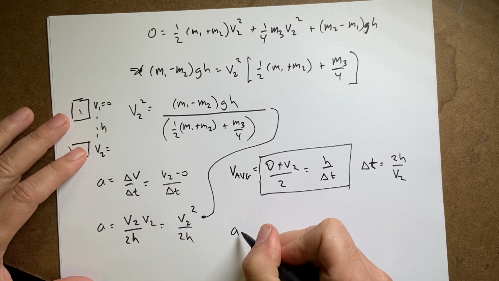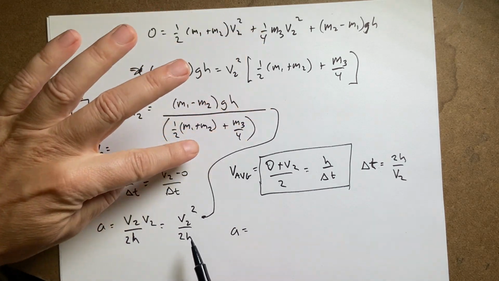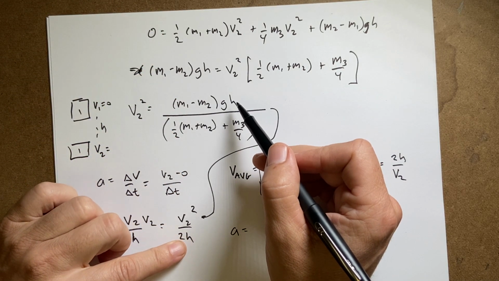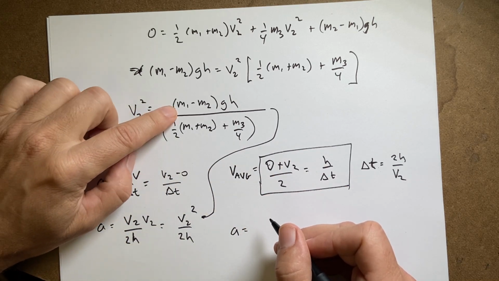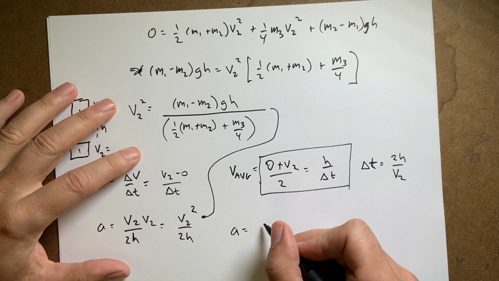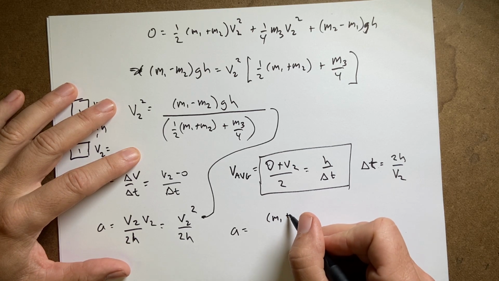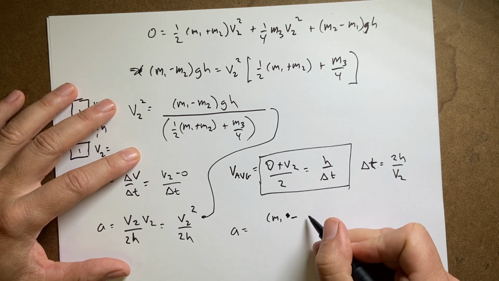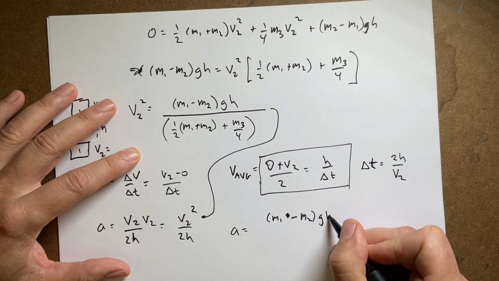And I get a equals, now look at this. I have this whole thing divided by h, so the h is going to cancel, yay. Then I have to multiply all this stuff by 2. So I'm going to get a equals this stuff. So it's going to be m1, oops, I feel bad now, minus m2 g, not the h.